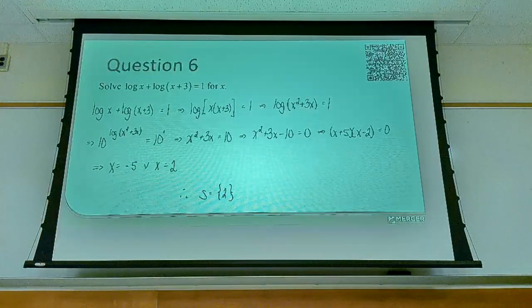So your solution set is just 2. Write this because -5 is not in the domain of log of x.